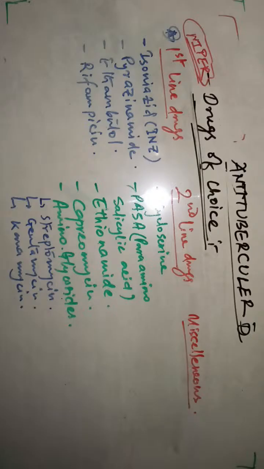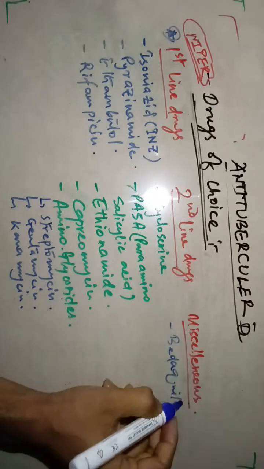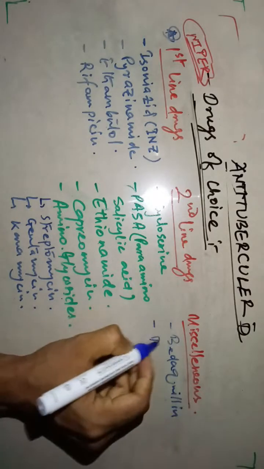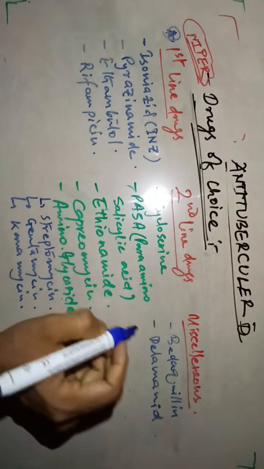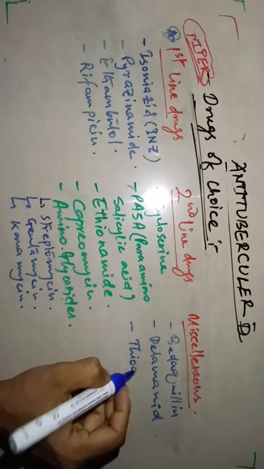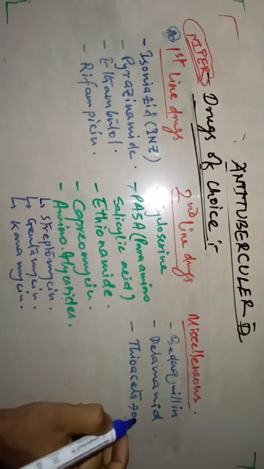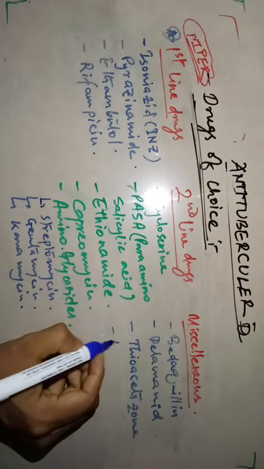Next, what are the miscellaneous drugs used in the treatment of tuberculosis? The miscellaneous drugs used in the treatment of tuberculosis are bedaquiline, delamanid, thiacetazone, linezolid, and macrolides. Please repeat after me.